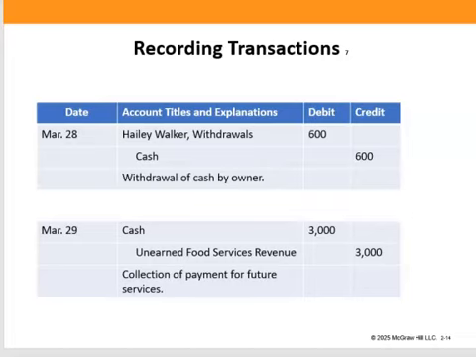Okay? And a withdrawal is a debit because it's reducing your owner's equity. And again, it's one of those that people struggle with. Okay, withdrawal, is it a debit or a credit? Look at the other side. She's taking cash. Cash is being reduced. We know cash is an asset. So when cash is being reduced, we know we need to credit it.